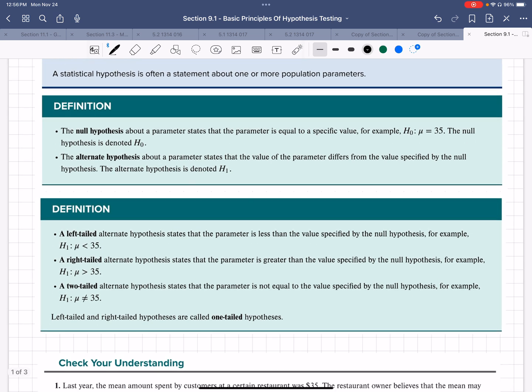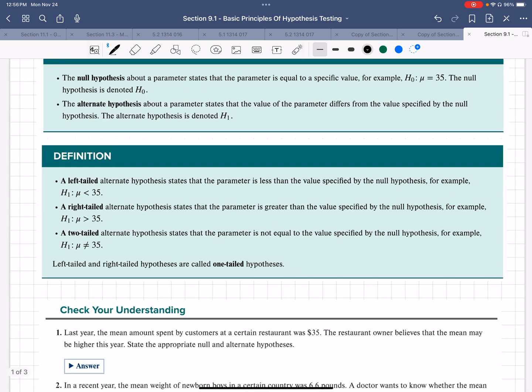So H sub 0 is the null. Lots of times we'll use a 0 or a 0 with a line through it to say null or not, okay? So the null hypothesis is an actual value. If we talk about the alternate hypothesis, it's going to say it's lower than the null, it's greater than the null, or it could be either greater or lower.